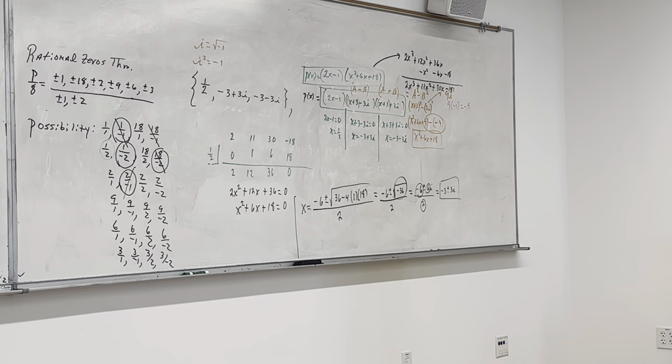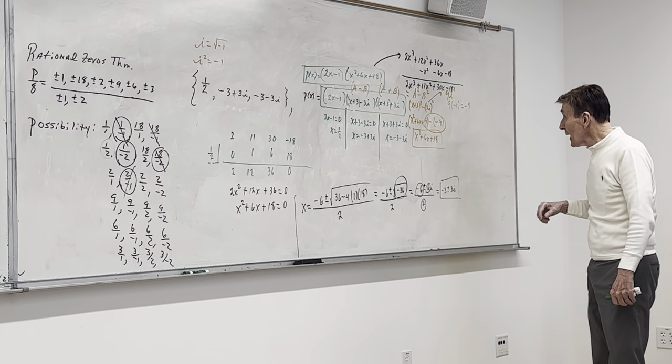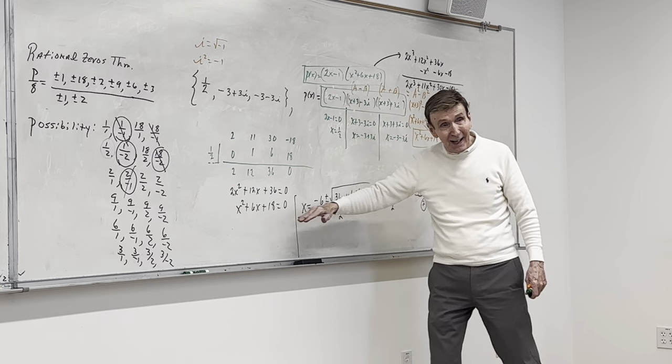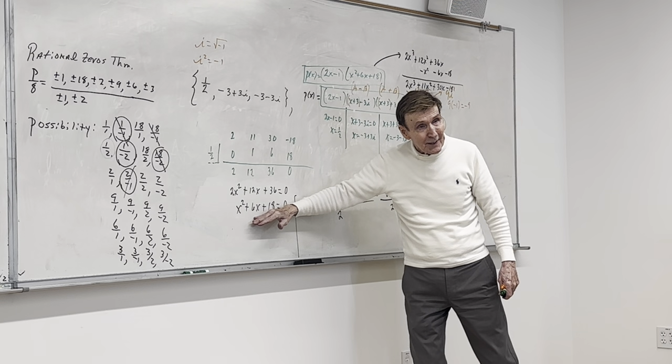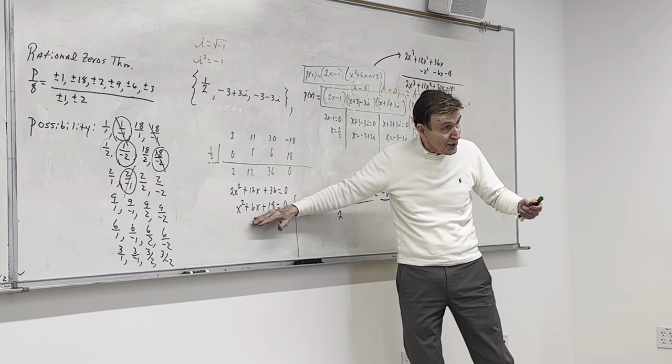A question, do we have to do all of this extra work when we have x squared plus 6x? Beautiful. That's the next one I was going to make. You're saying, Professor, you went through all this business, but I sort of saw that coming out down here earlier. X squared plus 6x plus 18. Did that come out sort of in my work earlier?